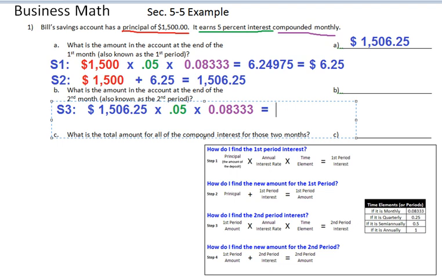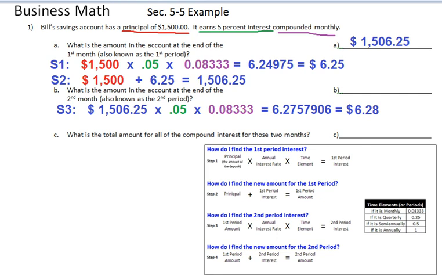And multiplying this out, we get 6.27579. It's a long one again, folks. But once again, you have to round it to make it look like money. Uh-oh. Well, we can fix that. Let's put that right here. So it's $6.28.